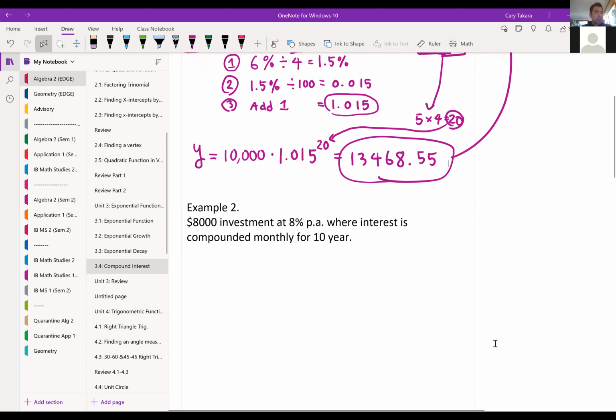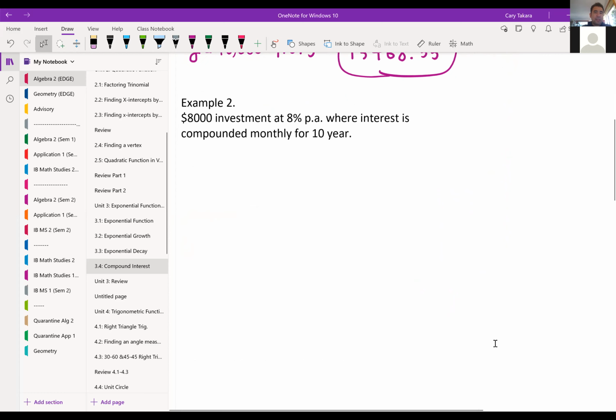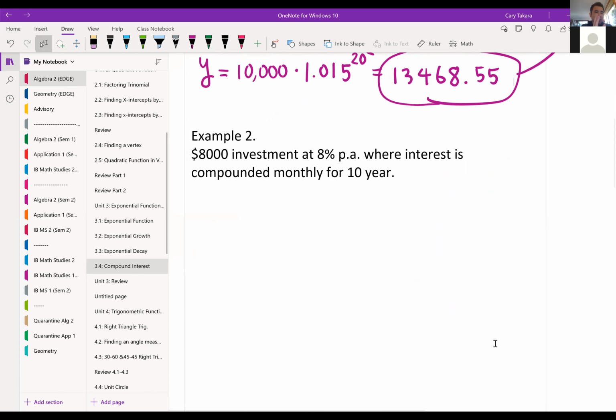I just have one more example, and let's do the assignment together as well. Example 2. $8,000, 8% per annum. Again, means annual. So 8% per year. And then for 10 years.